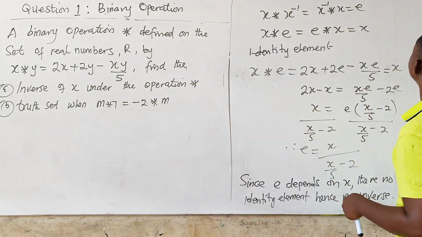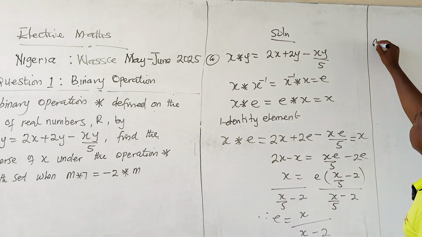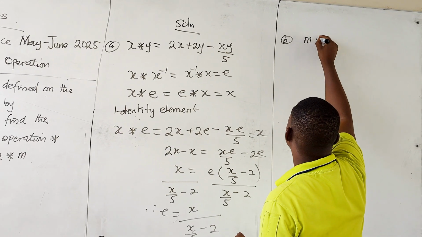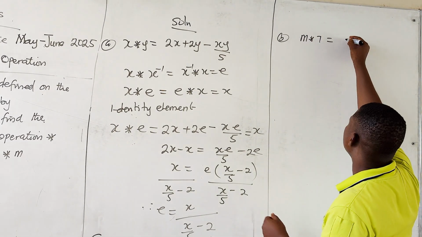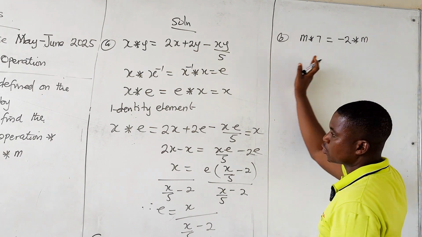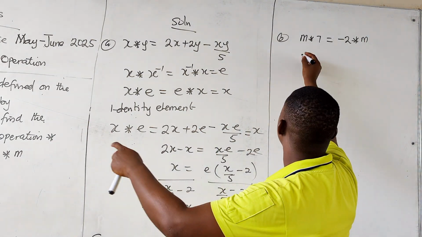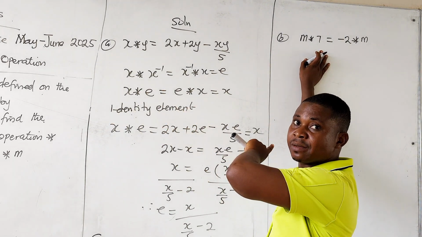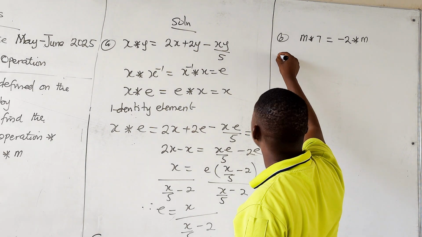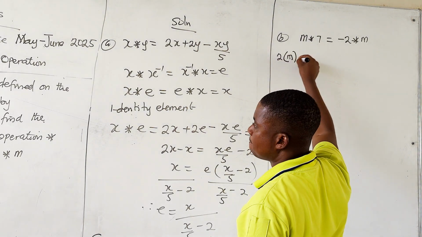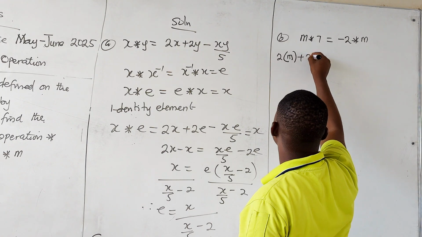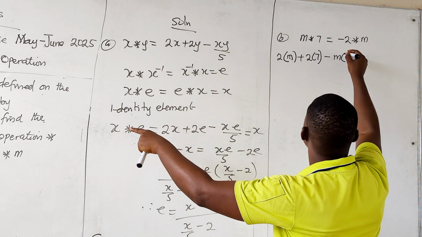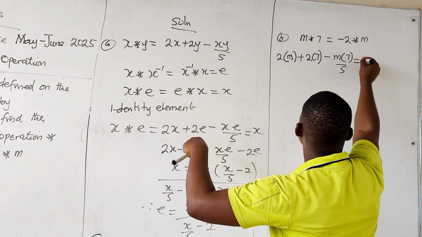B, we are asked to find the truth set of m star 7, and that one is equal to negative 2 star m. So first, let's look at m star 7. Wherever we see x, we put our m there, and our y becomes 7. So we have 2 times m plus 2 times 7 minus m times 7 over 5, which should be equal to the same thing on this side.